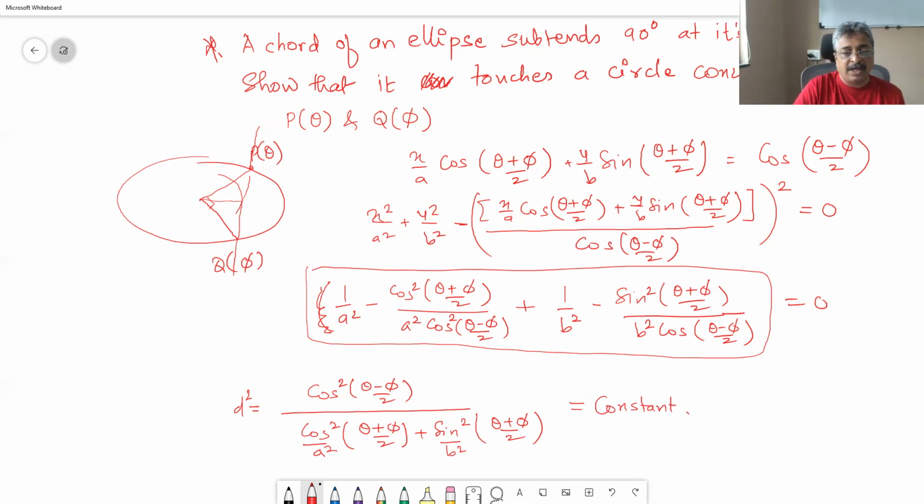You will observe that after just one simplification, cos square (theta minus phi) upon 2 is available in the denominator.